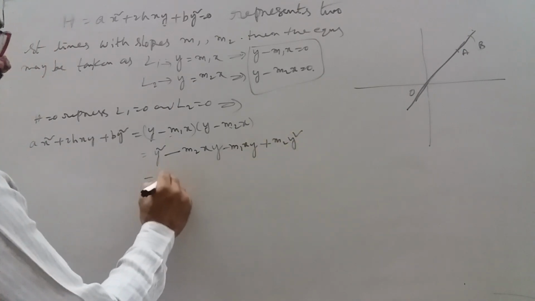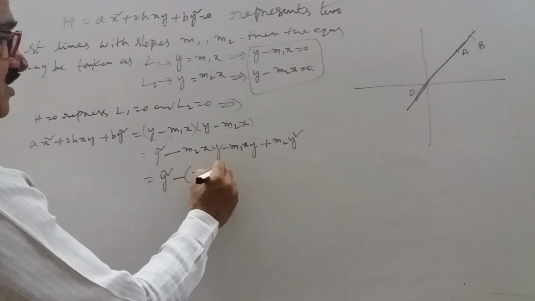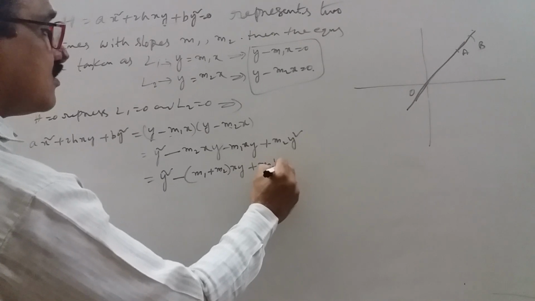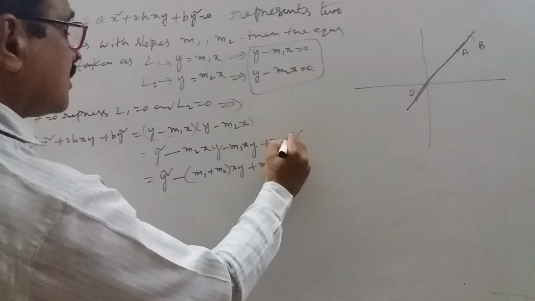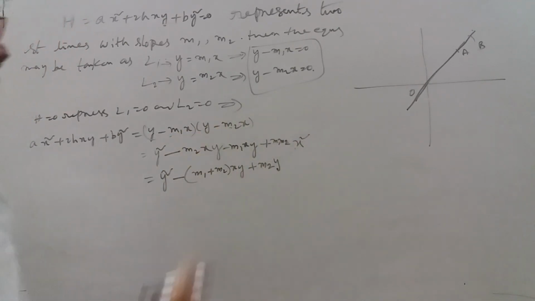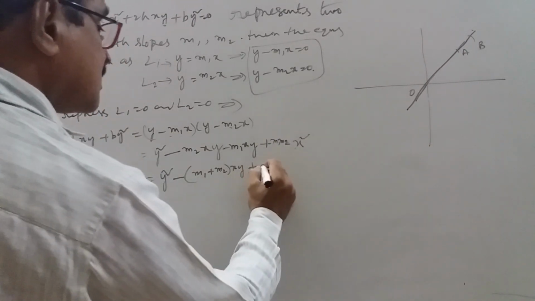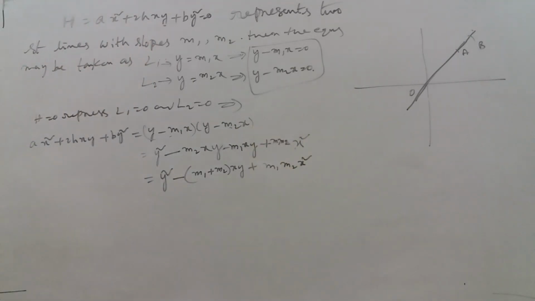This can be written as y square minus of (m1 plus m2) xy plus m1 m2 x square.